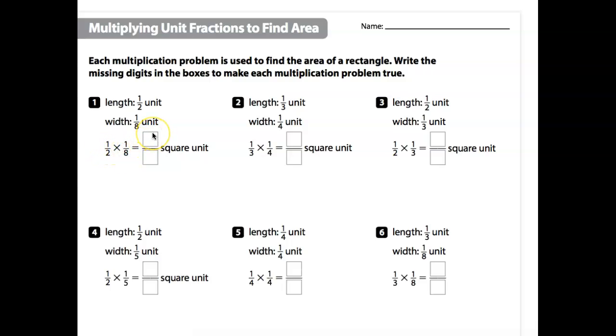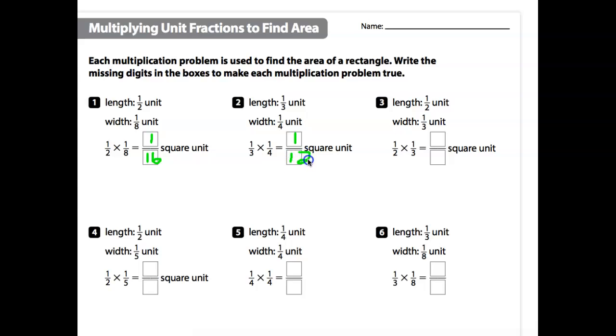1 times 1 is, just a minute here, I got to get my marker. Okay. 1 times 1 is 1. 2 times 8 is 16. Okay, we're not drawing models or anything. We are just multiplying. 1 times 1 is 1. 3 times 4 is 12.